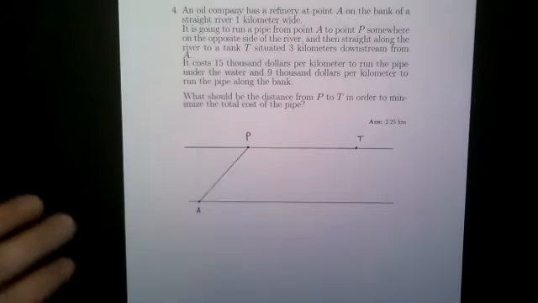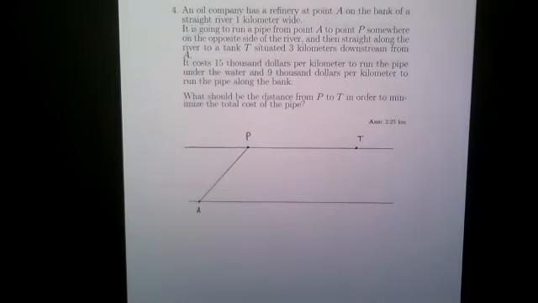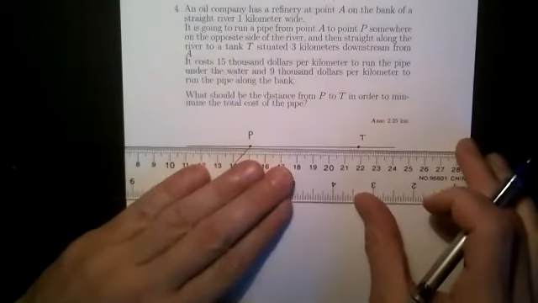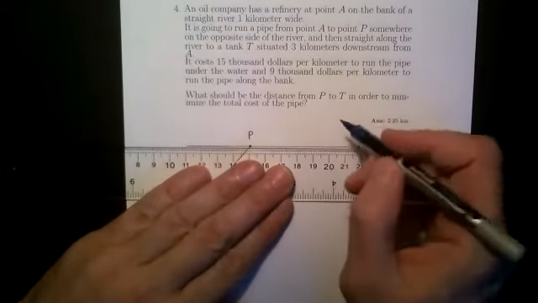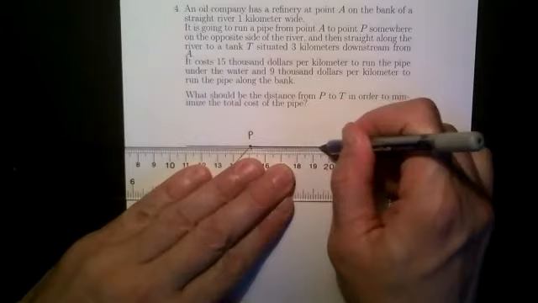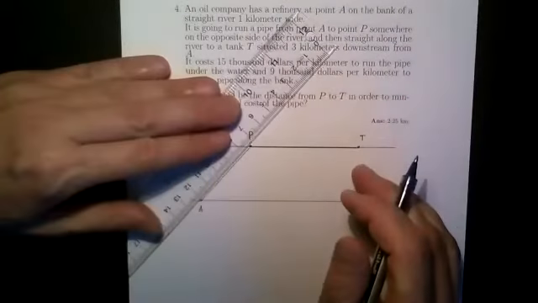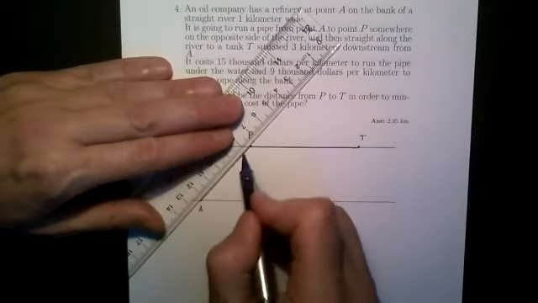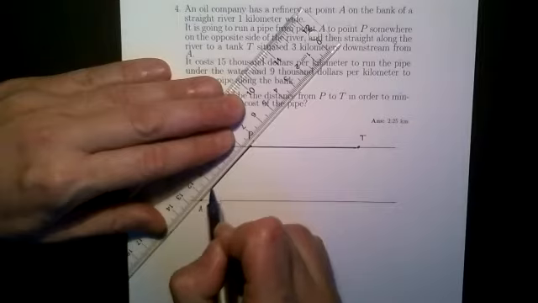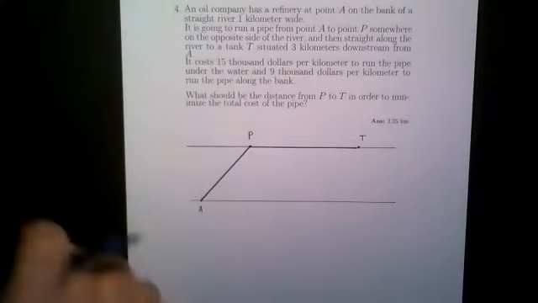There you go. Okay, so the pipe basically goes like this. That's the pipe.